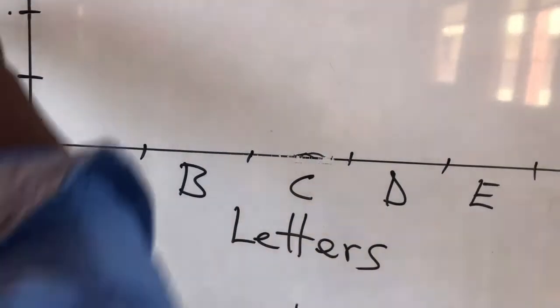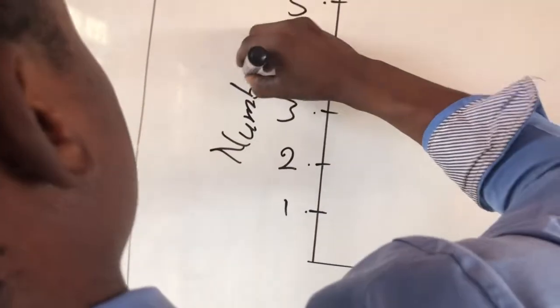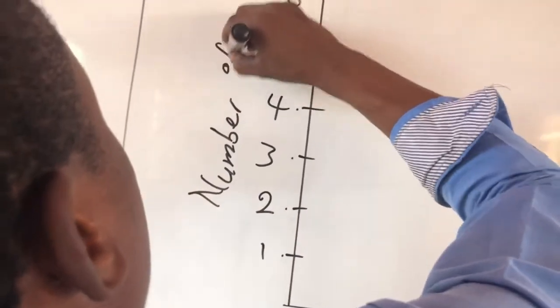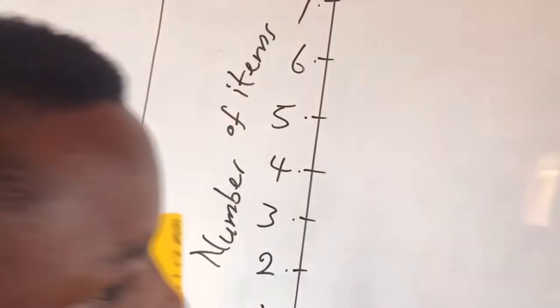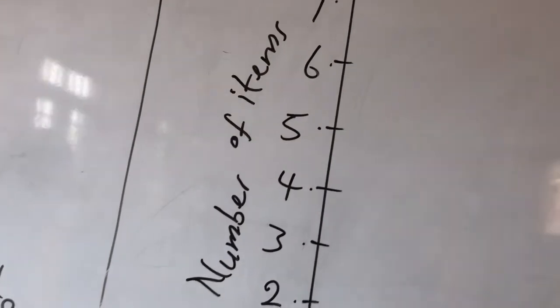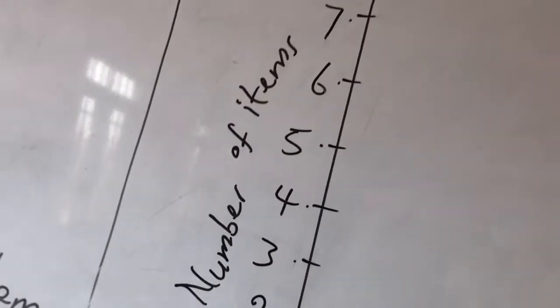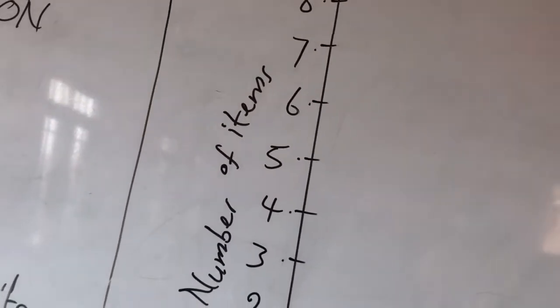And then number of items. Number of items. All right, let's continue.